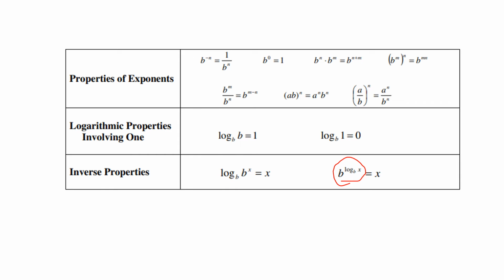Let's do this one. But before I continue, I wanted to share something unique about log that we didn't talk too much about. So guys, when you see log by itself, it's saying that it has a base of 10. Anytime you see log by itself, you will always assume that it has a base of 10.